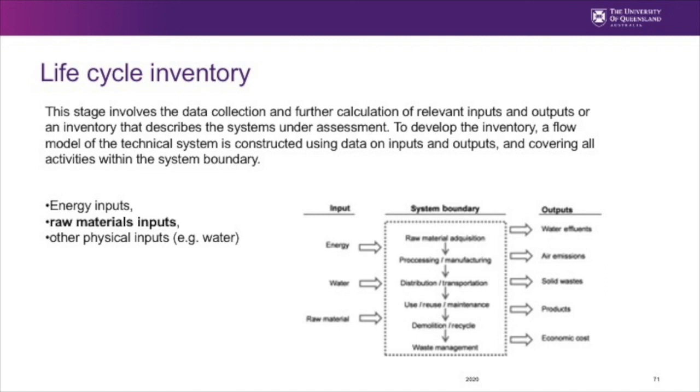To develop this inventory, it's a good idea to have a flow model of the technical system where we put the inputs and the outputs. Inputs can be energy, water, or raw materials, for example, and the outputs can be the water effluents, the air emissions, solid wastes, products, and the economic cost as well. Even that can be considered.